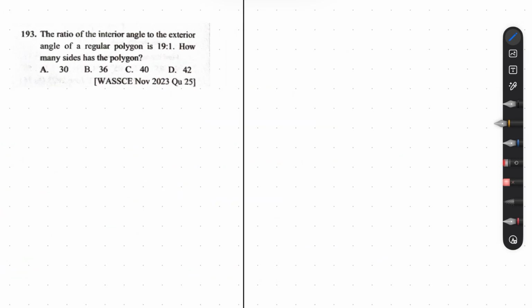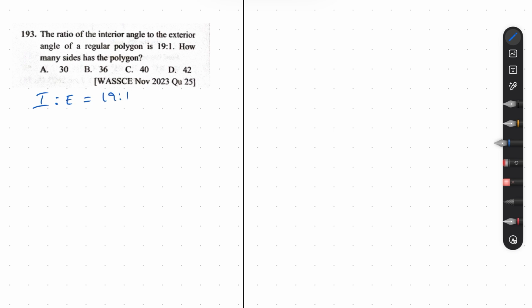The question says the ratio of the interior angle to the exterior angle of a regular polygon is 19:1. How many sides has the polygon? So what this means is the ratio of the interior angle to the exterior angle is 19:1.